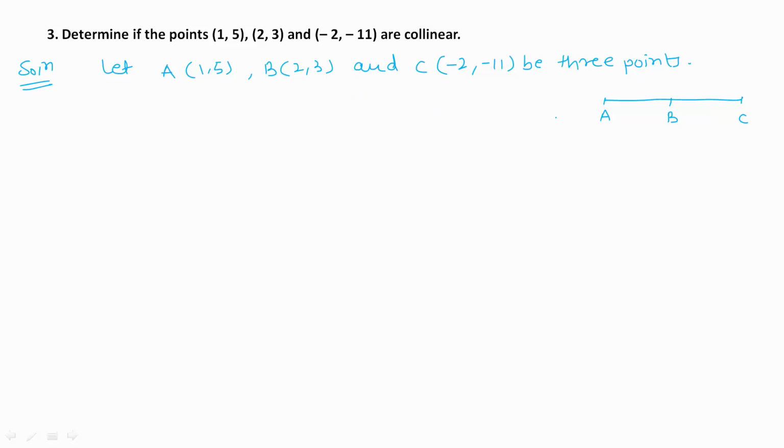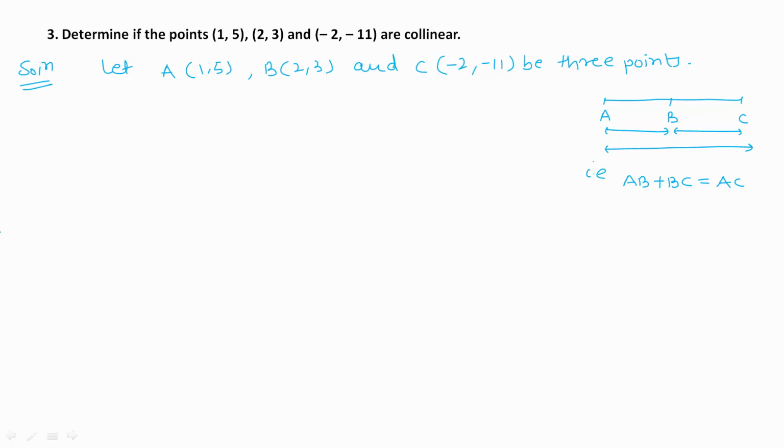According to the distance formula, if the distance AB plus the distance BC is equal to the distance AC, we can say that all 3 points are collinear. So we will find the distance AB, next the distance BC, and next the distance CA.